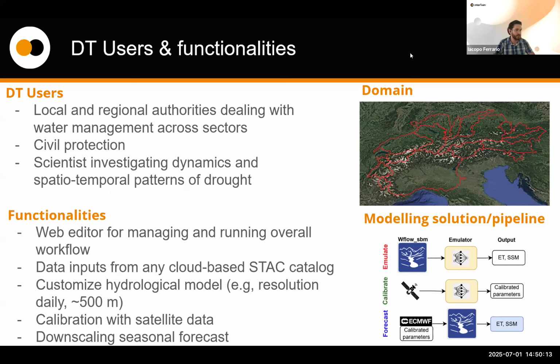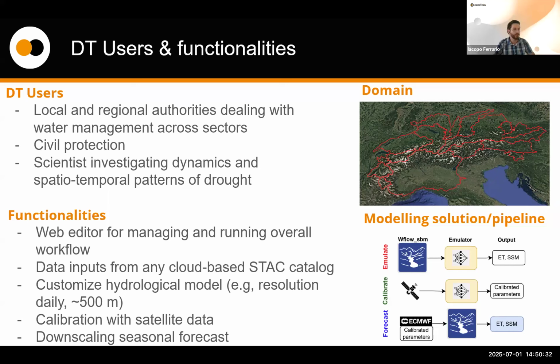The domain of the DTE is shown in the top right figure. It covers most of the Alpine region, and on the bottom right you can see the scheme of the modeling solution pipeline.